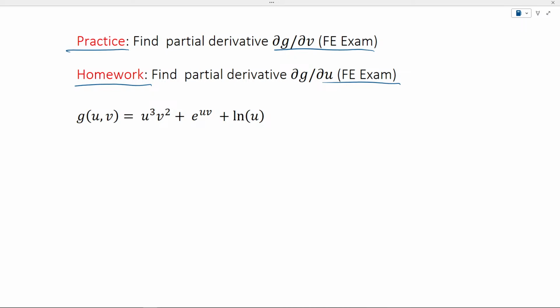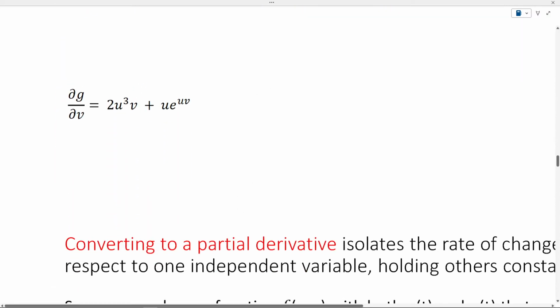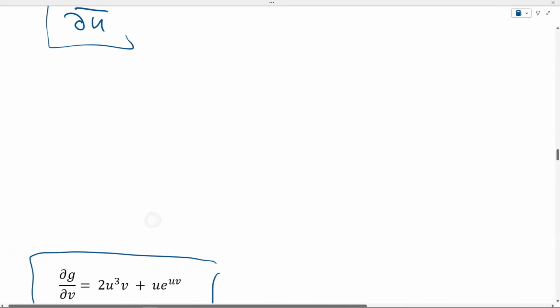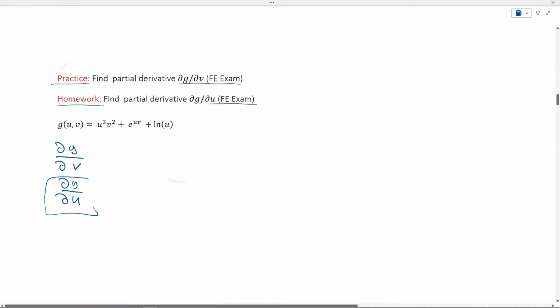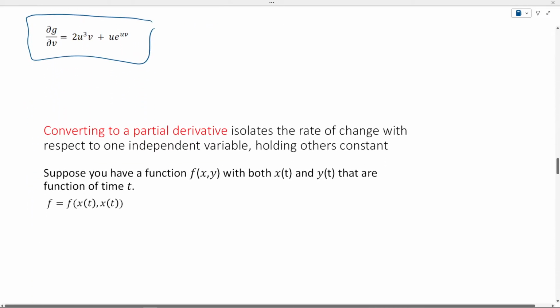Here, for the practice problem, it is telling you partial g with respect to partial v. And the homework is telling you partial g with respect to partial u. So that would be different. Wait, I will solve this in the tutorial if you want to see this. So that's the solution. Try to solve this practice problem on your own. Pause this video and try to solve it, and then you can check the solution here.